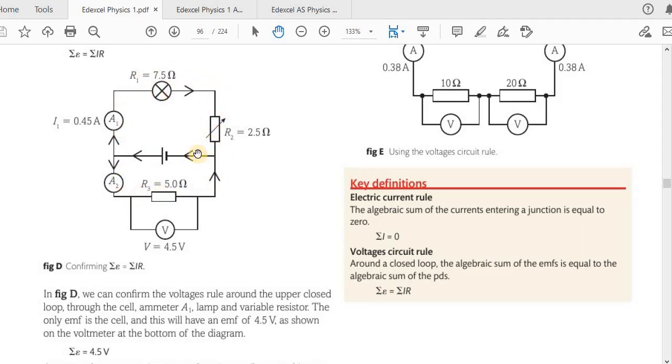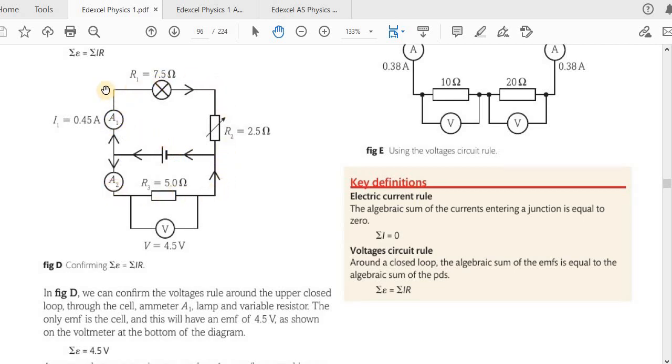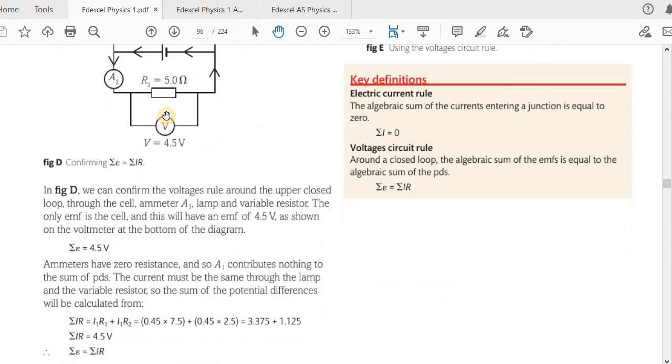Because here no EMF, that means the sum of potential differences around this third loop that I am showing right now should be equal to 0, because there is no EMF around this path. So across this and across this it's 4.5 plus 4.5, same direction as the current. This way it's the opposite direction, you can see the current is flowing, so minus 4.5, total is 0.